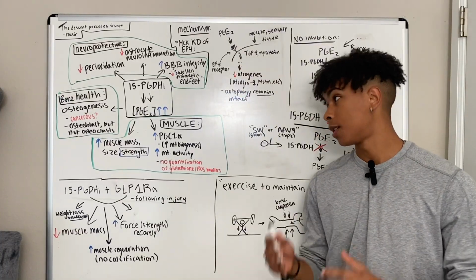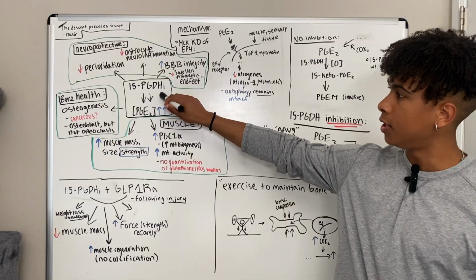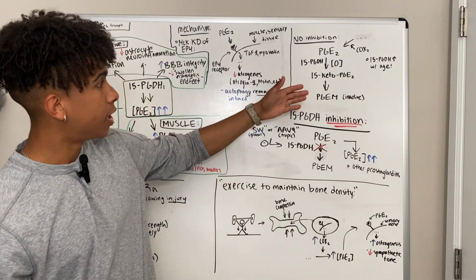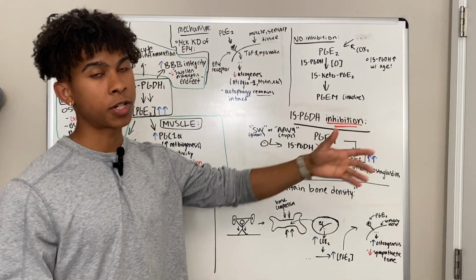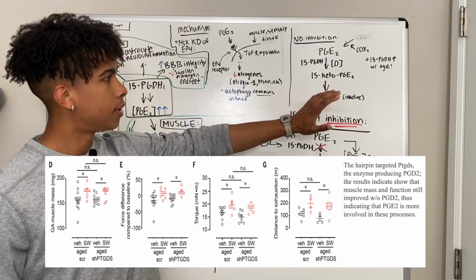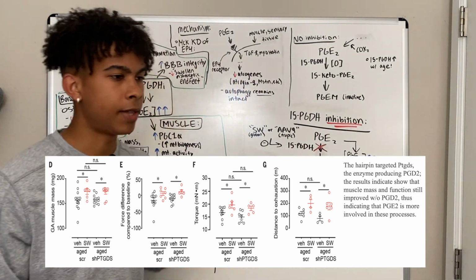So real briefly, to summarize everything that I've just discussed in this video, we have the inhibition of 15-PGDH. Remember, this is the enzyme responsible for breaking down prostaglandins, okay? Specifically PGE2, because the other prostaglandins were in fact explored, specifically PGD2, but there really weren't tremendous outcomes that resulted from the inhibition of that itself.